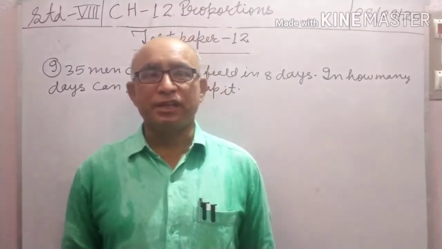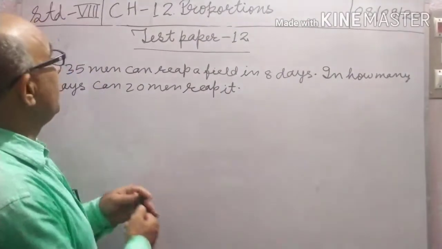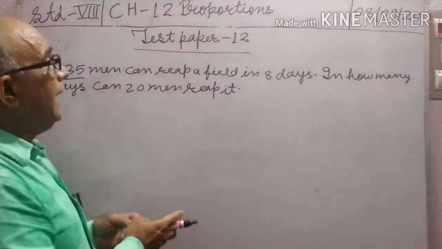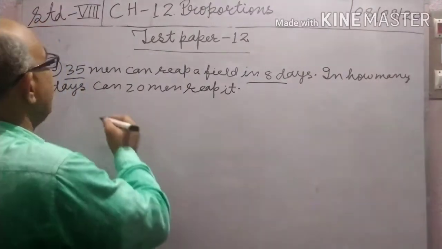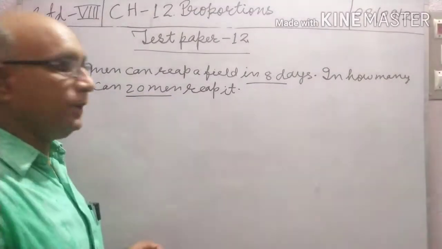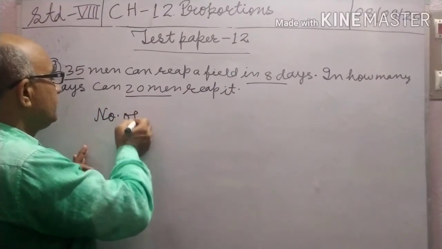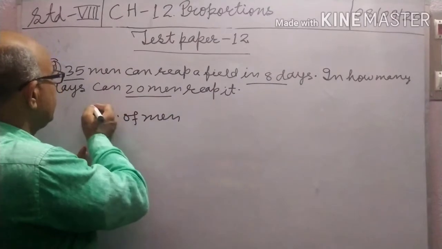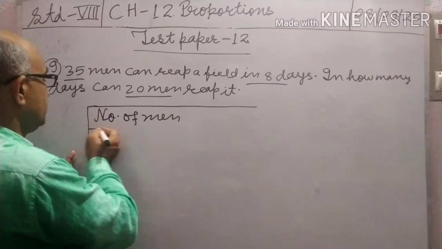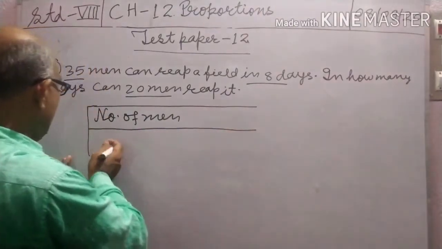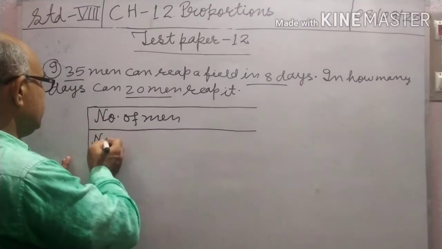Students, next question is question number 9. 35 men can reap a field in 8 days. In how many days can 20 men reap it? Write in the first column number of men, and in the second column number of days.